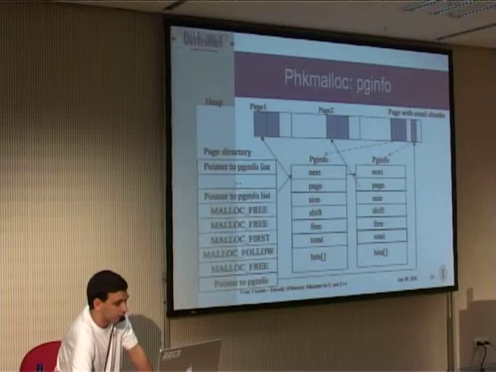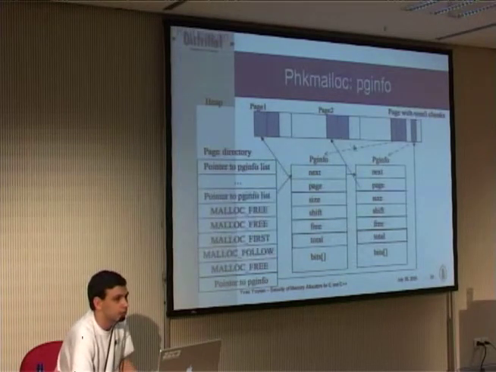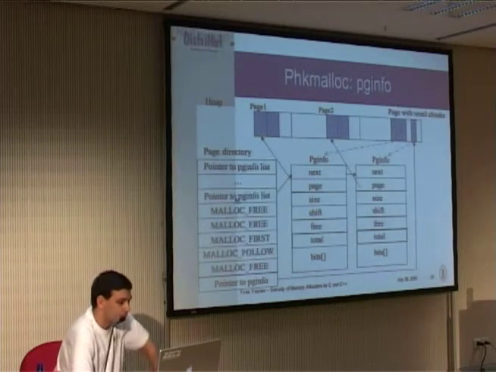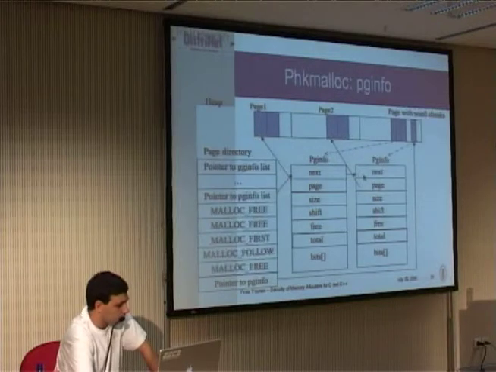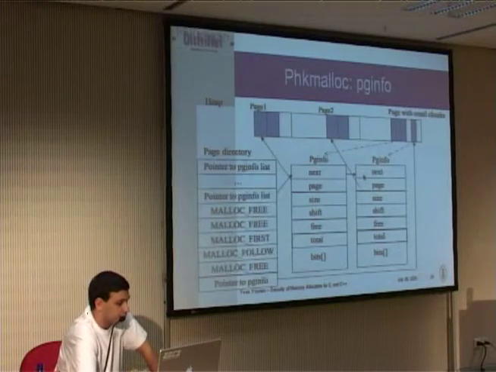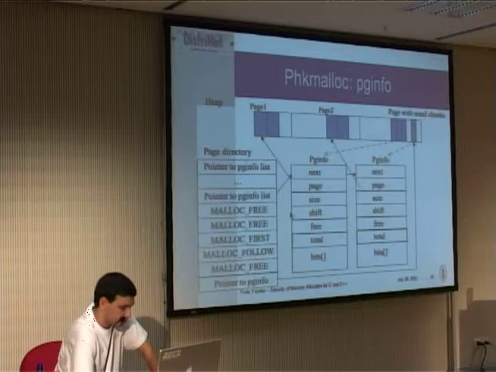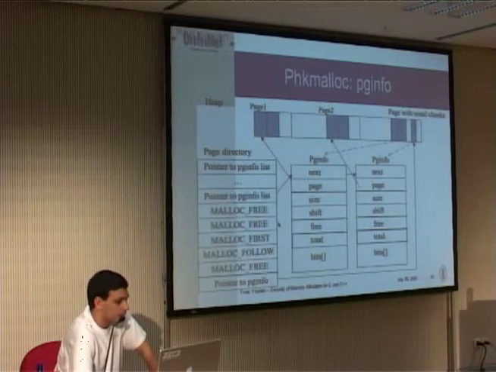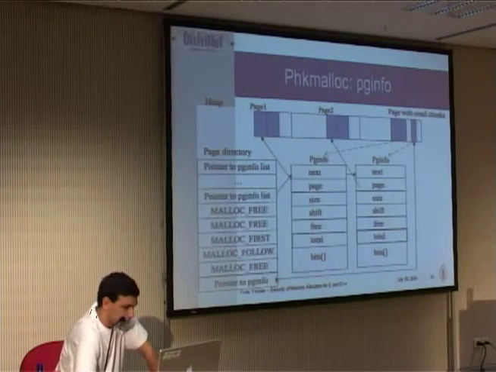So the page directory for that, well, page 1 and page 2 contain chunks of the same size. So the page directory for chunks of that size points to the linked list of page informations for that page. And the directory entry, for example, for the page with small chunks is stored in that particular page in the page directory.